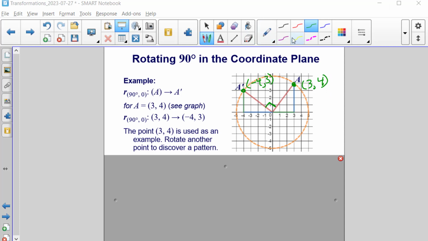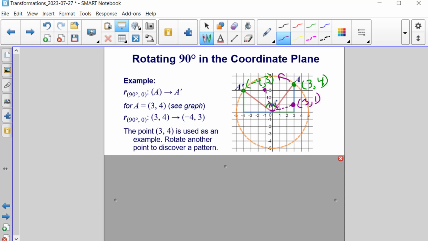Try to rotate another point 90 degrees counterclockwise about the origin to see if you can discover a pattern. So let's try the point 3, 1. If I was to rotate this 90 degrees counterclockwise, so going in this direction, we would end up at this point right here.